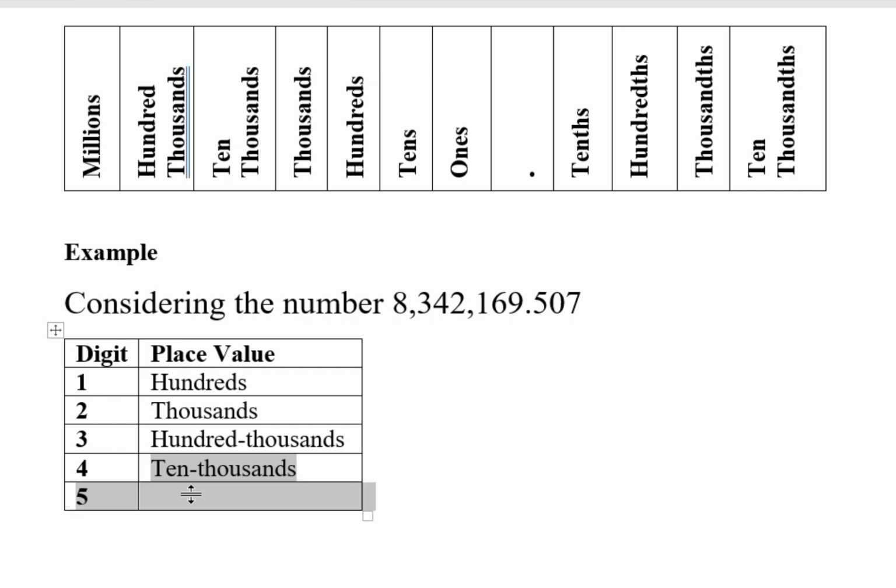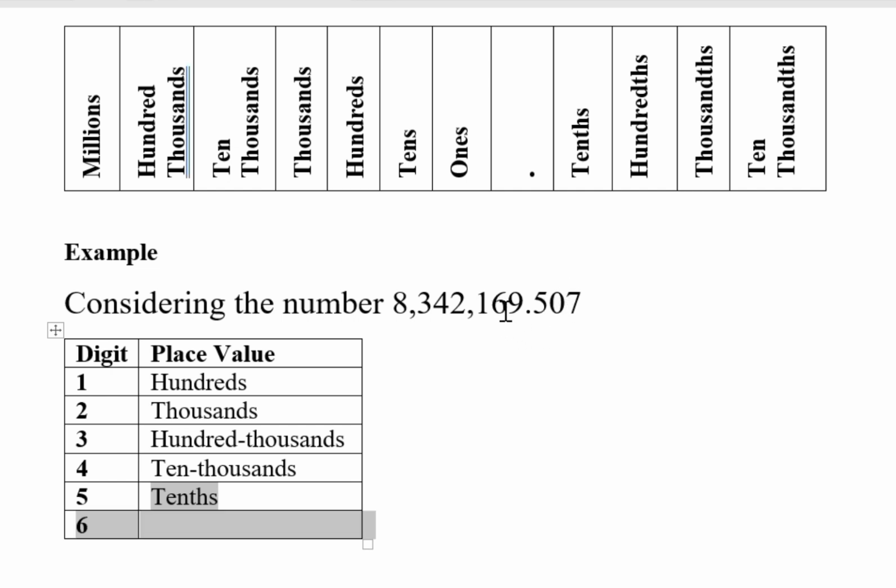What about 5? You realize 5 is here. It is the first digit after the decimal point. We said from here we start labeling them from tenths. So this takes a place value of tenths. Then the next one is 6.